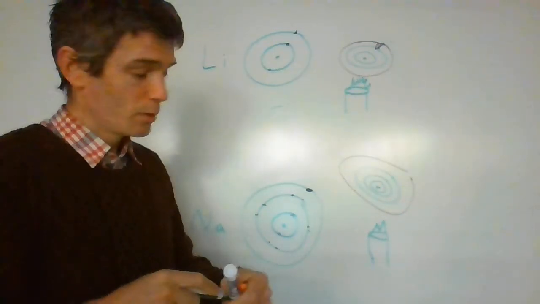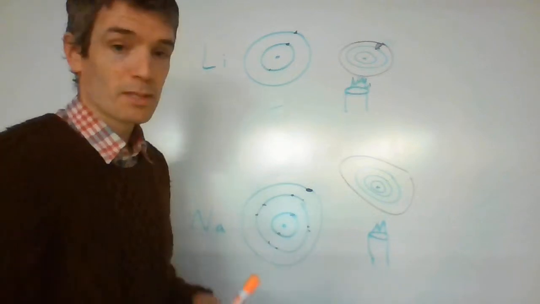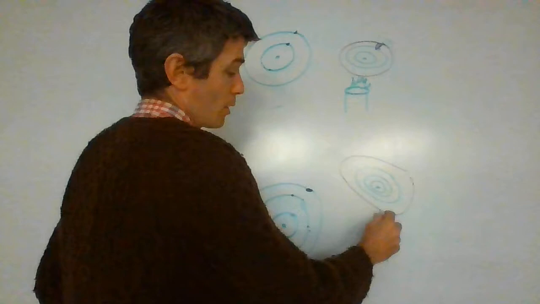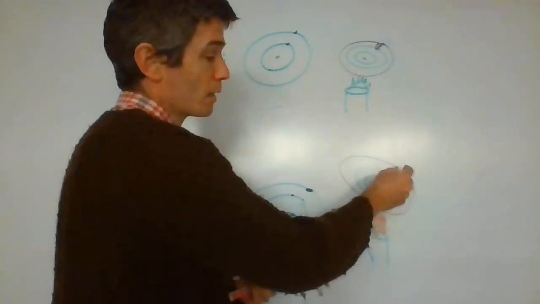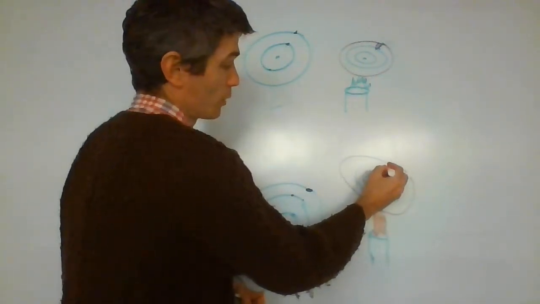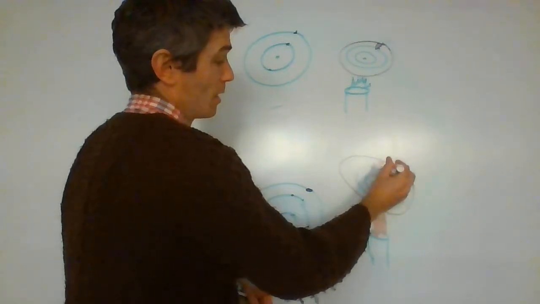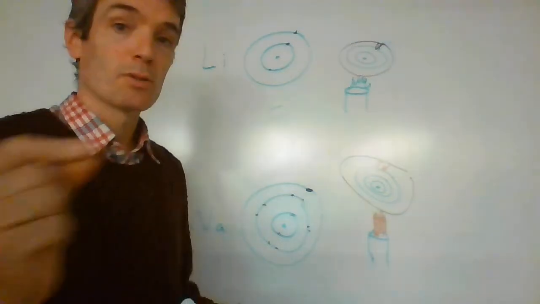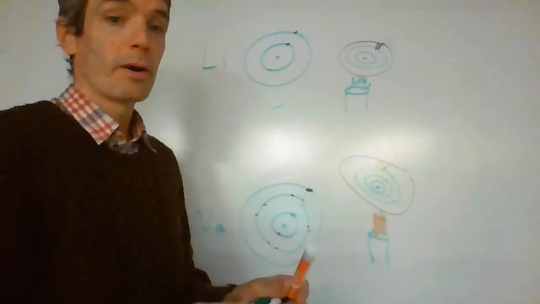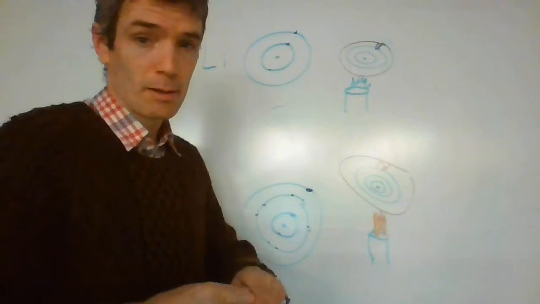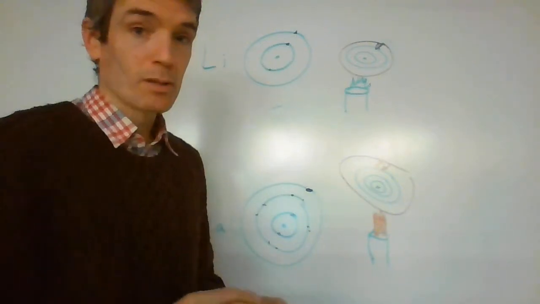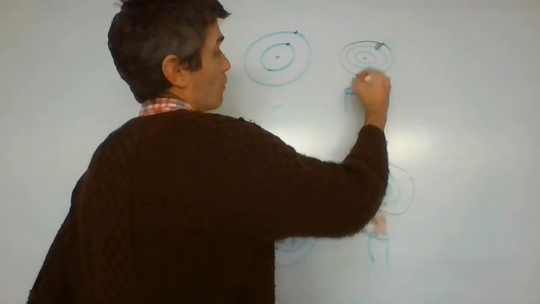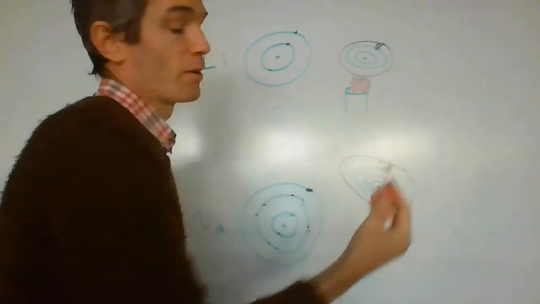And therefore, when we look at sodium, we see a bright orange flame because this jump that it's making is releasing lots of orange light. And the orange corresponds to the energy of the jump. Whereas in lithium, the jump is a different energy, and gives off a red light.